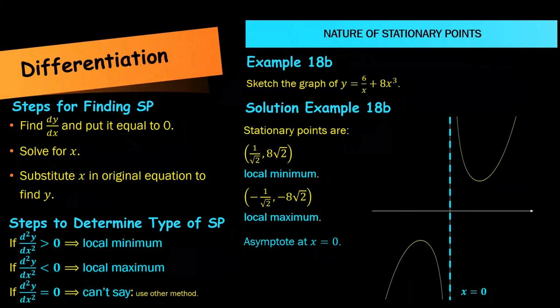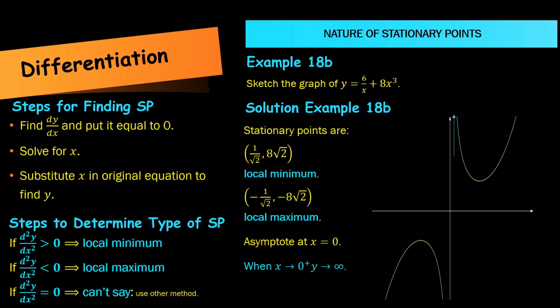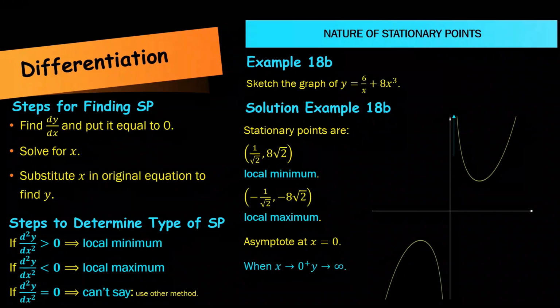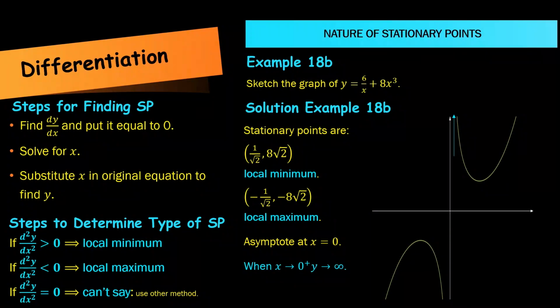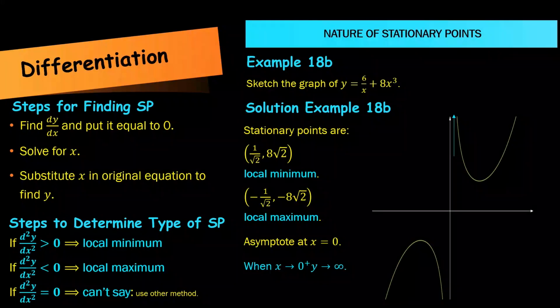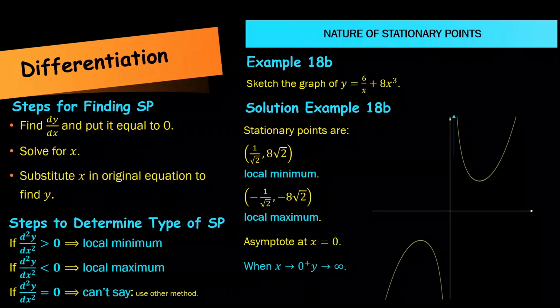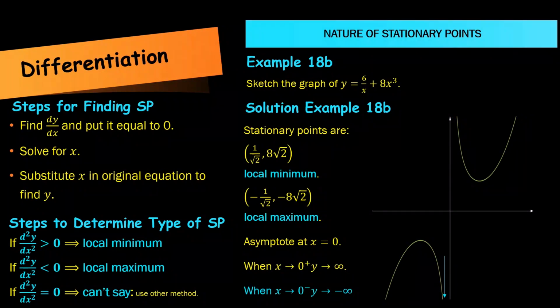When that's happening, clearly we're getting larger and larger values of y, and therefore y tends to infinity as x approaches 0 from above. And when x approaches 0 from below, y tends to minus infinity. So here's our graph. We're now going to take a look at modelling with differentiation.